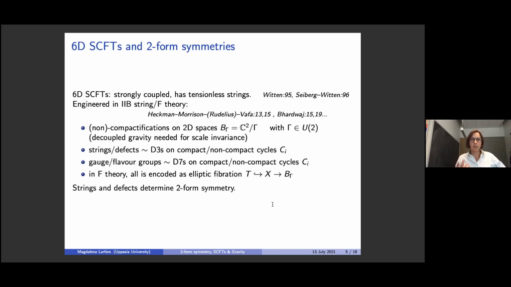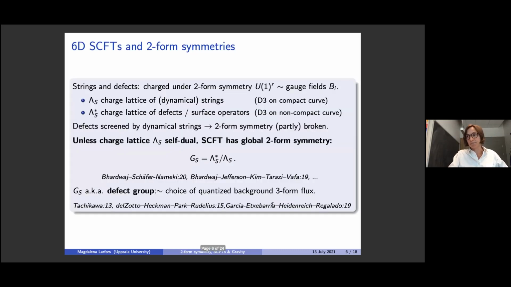Now, the strings and the defects are key here to the two-form symmetry, because as I just said, we're looking for these surface operators. What one can see is that if you think about the six-dimensional spacetime as being Euclidean, these defects will give rise to two-dimensional non-dynamical operators, so surface operators.